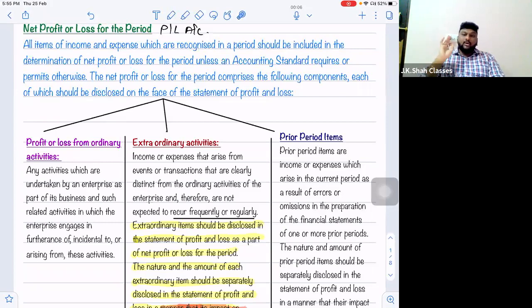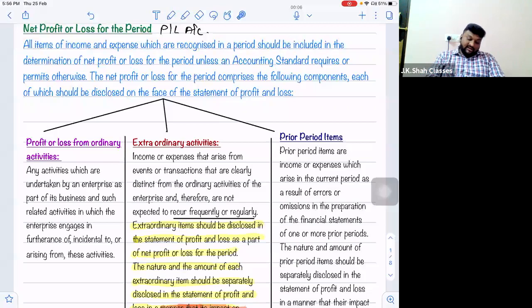And all such items are called what? Ordinary items. Example: rent, salary, electricity bill, commission charges, sales, purchases. These are all ordinary items. So the definition is, any activities which are undertaken by an enterprise as part of its business, and such related activities in which the enterprise engages in furtherance of, incidental to, or arising from these activities.